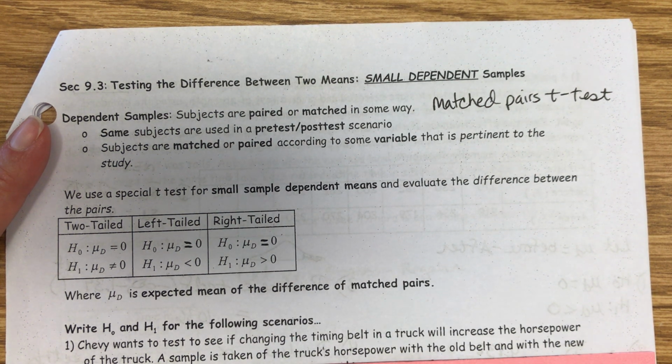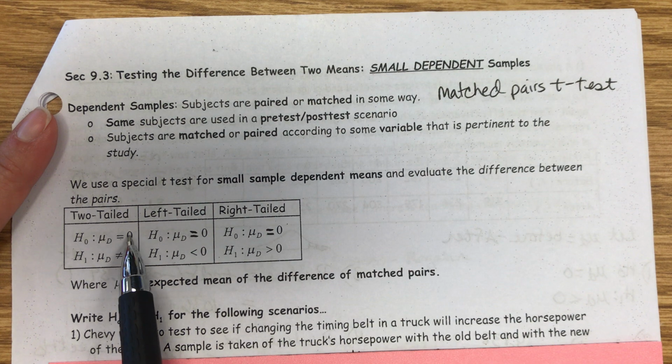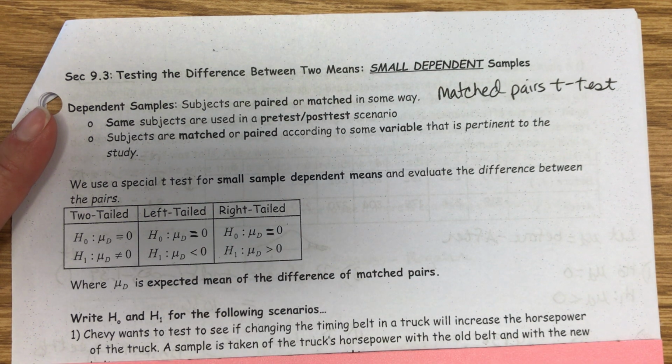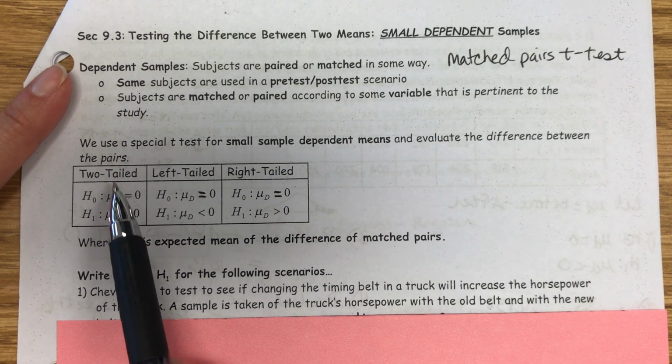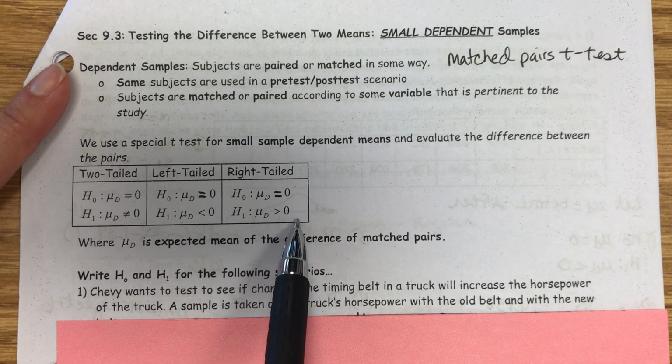We're working on the differences, all of those subtraction answers, okay? So up top, the mean difference is equal to 0, which means there is no difference. That's always going to be your null hypothesis. Then, if it's a two-tailed test, the difference is not 0, or your difference is less than 0, or your difference is greater than 0.